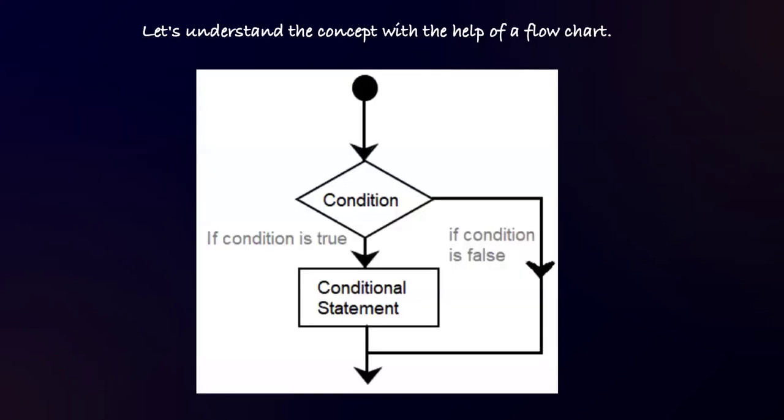Next. See, this is a very important flow chart. You might be noting it down. Okay, take a screenshot over here. This is important for your conceptual clarity actually. You see, we give a condition, right?